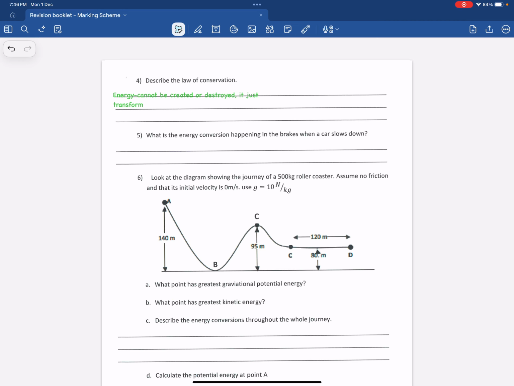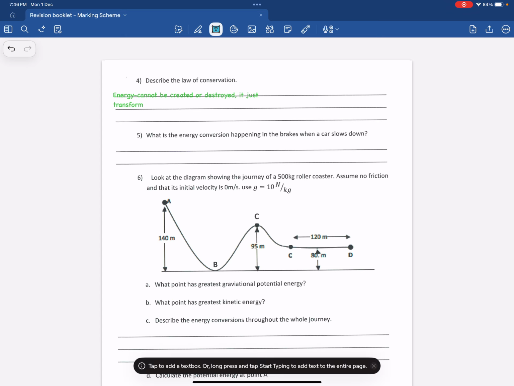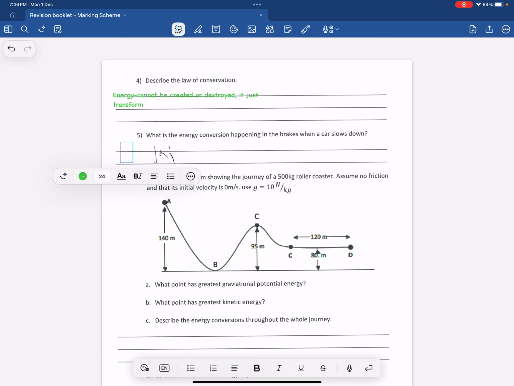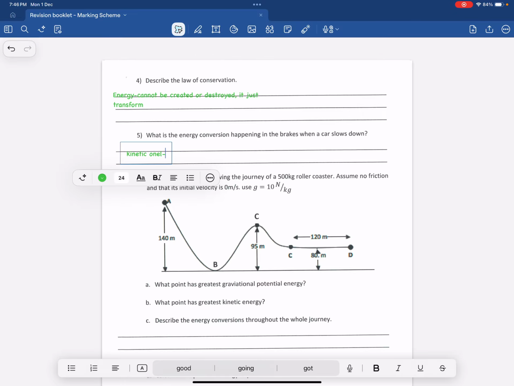Now next one, what is the energy conversion happening in the brakes when a car slows down? So I mean, when a car slows down, what do you think is happening? It's already in kinetic energy, because the car is moving. So when it slows down, what happened to that one?